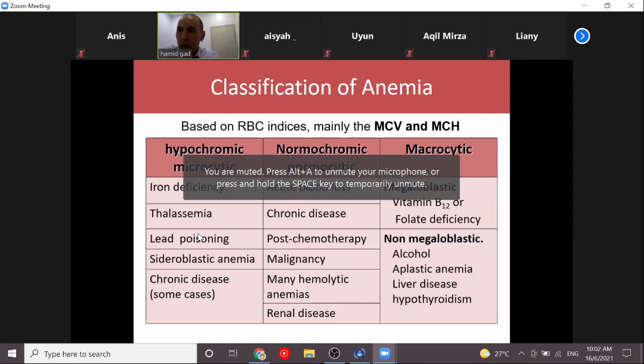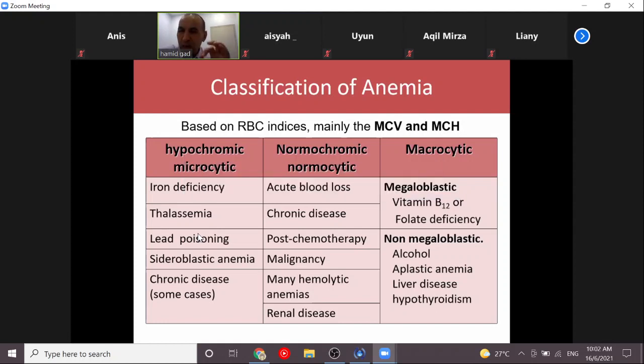If there is no supply of vitamin B12 or folic acid, this erythroblast becomes abnormal, larger, and the nucleus is abnormal, because vitamin B12 is needed for the nucleus of the cells. We call it megaloblast.